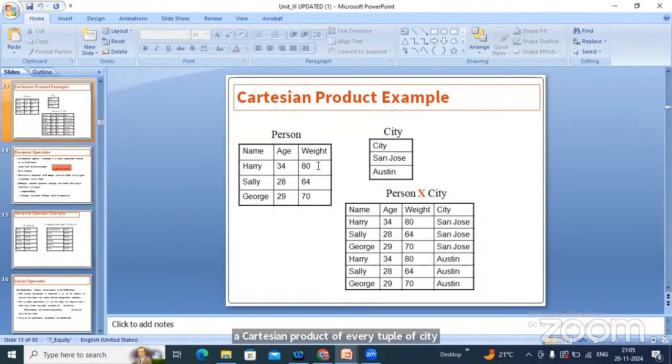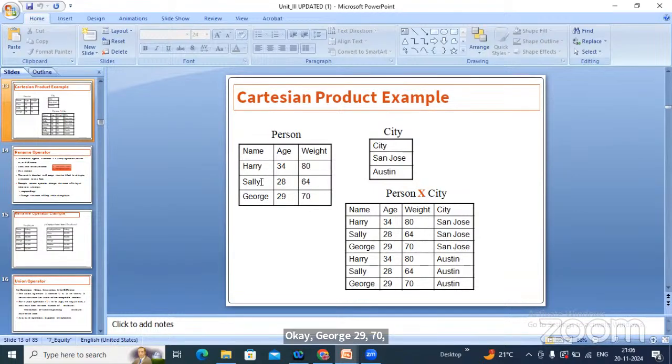Harry 3480 San Jose. Harry 3480 Austin. Or else you can write like this: Harry 3480 San Jose. Sally 2864 Austin. George 2970 San Jose.